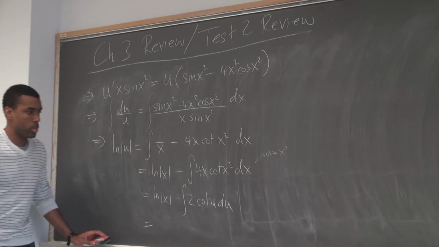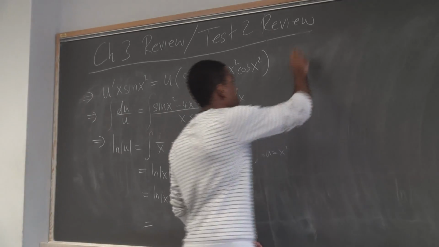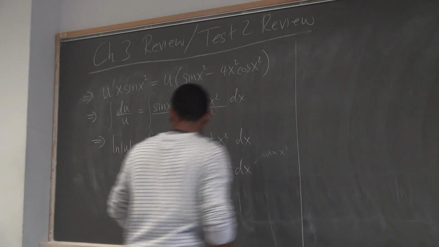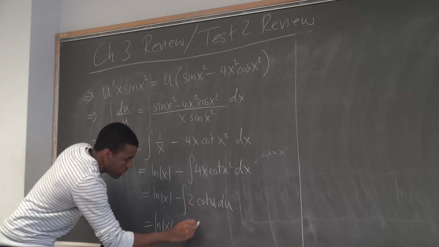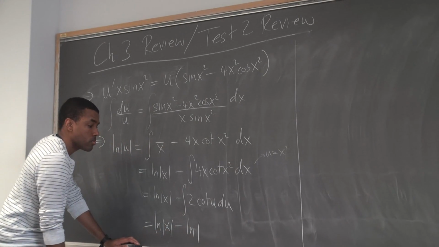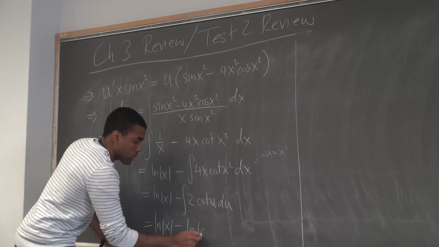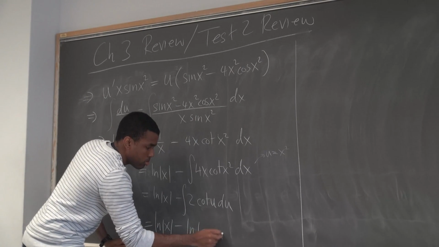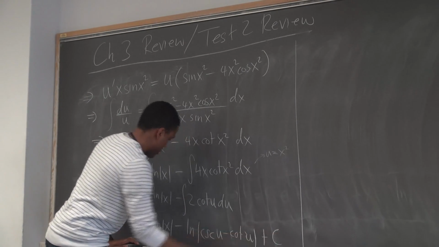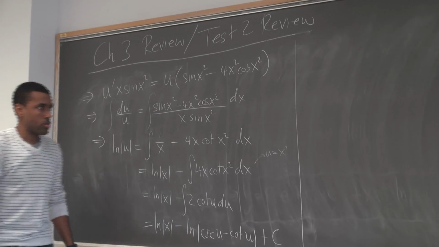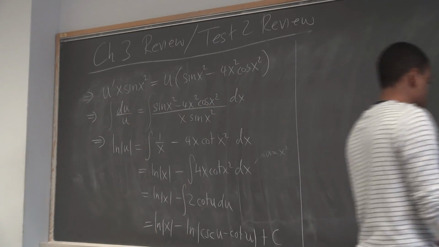Anyone remember the integral of cotangent? It's another ln, right? I think it's cosecant minus cotangent. Is it? Like that one I don't remember. We can check it though.